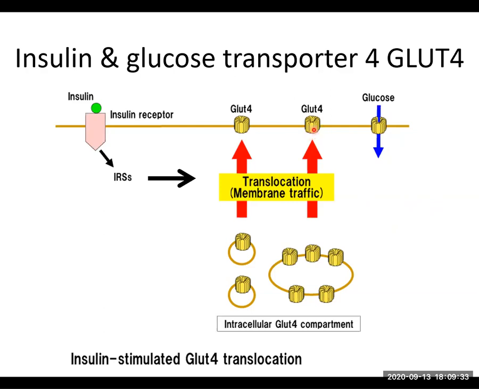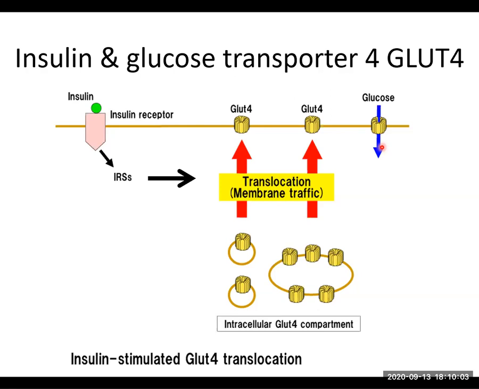This GLUT4 usually does not appear on the cell membrane unless insulin acts on it. So that's how insulin promotes the storage of glucose inside the cell. What you need to know is the channel GLUT4, because this is a very unique insulin-dependent glucose transporter.